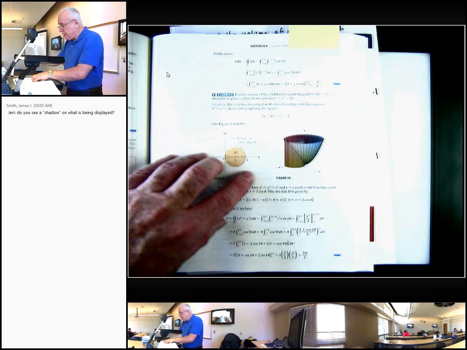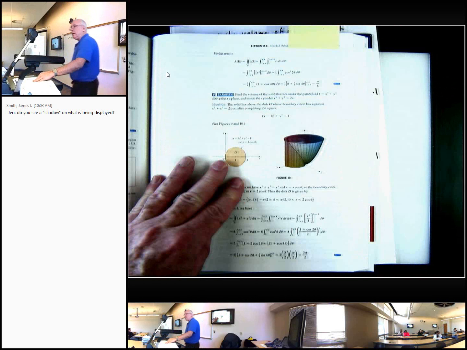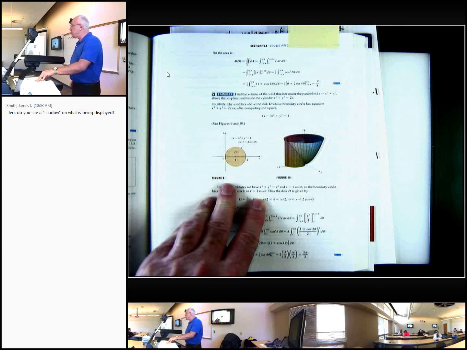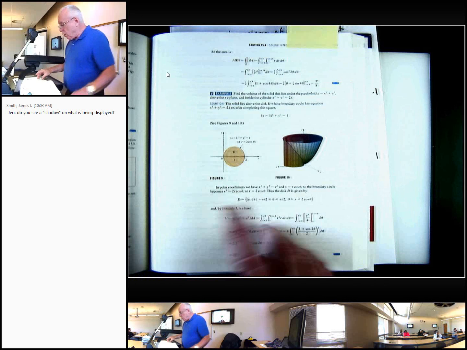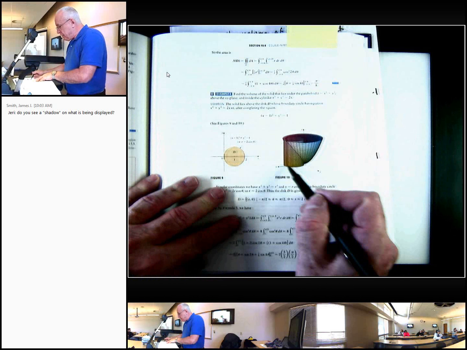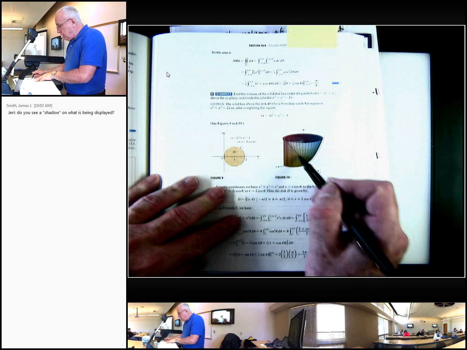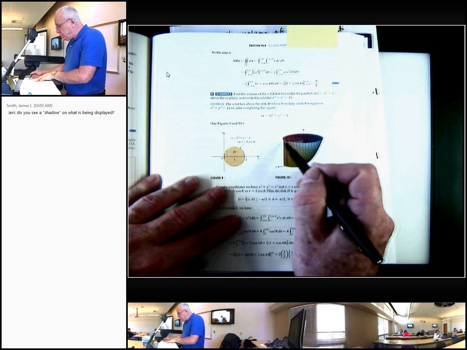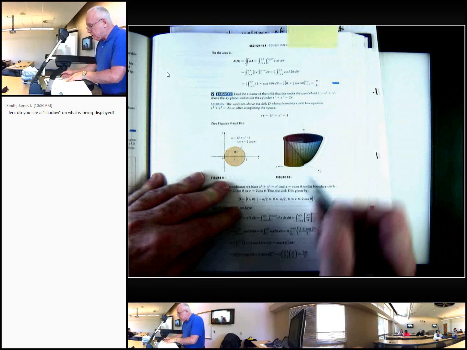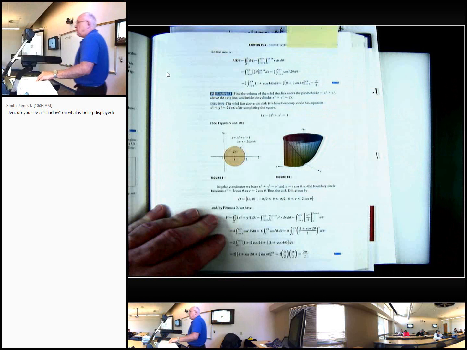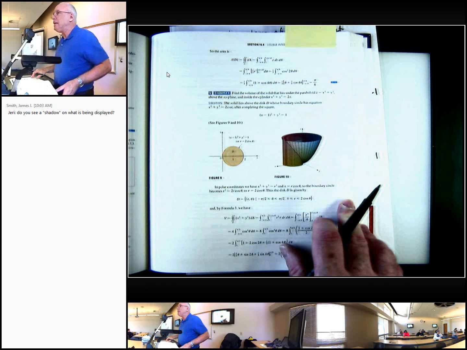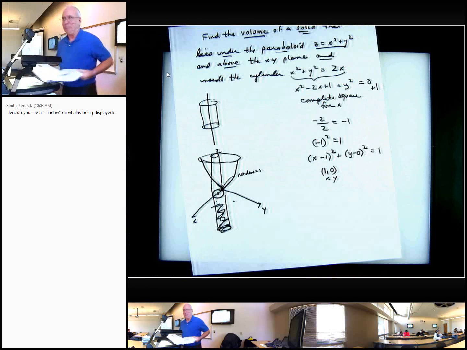The bigger thing there is my paraboloid, and notice that everything stops at the xy plane. So what we're talking about here is getting the volume of this whole region that is underneath that paraboloid, yet still within that cylinder, and up above the xy plane.